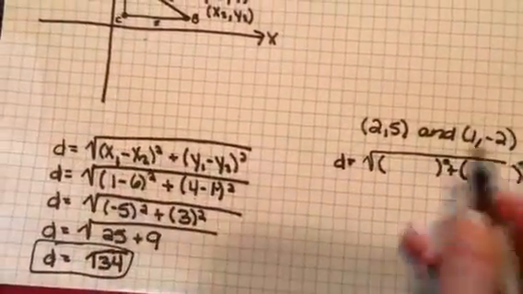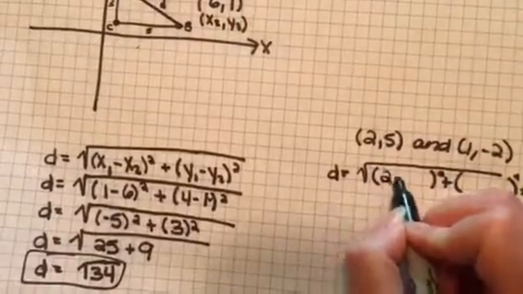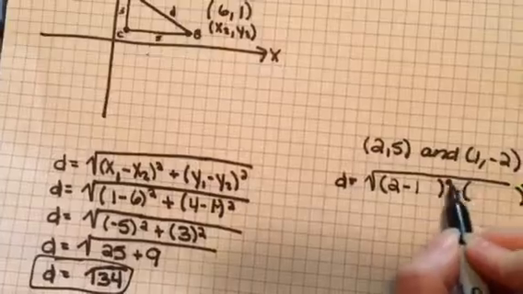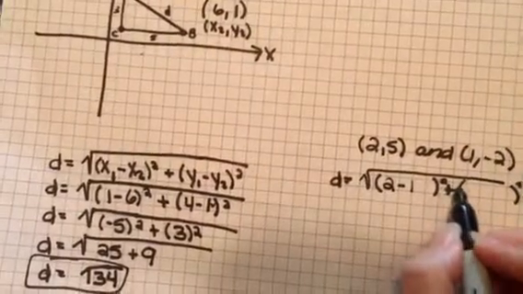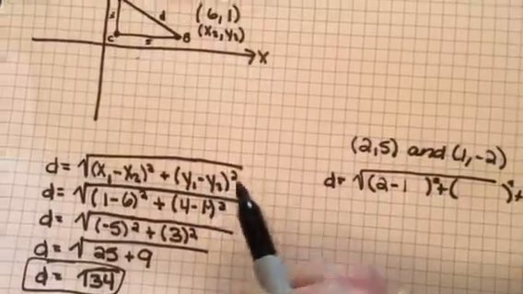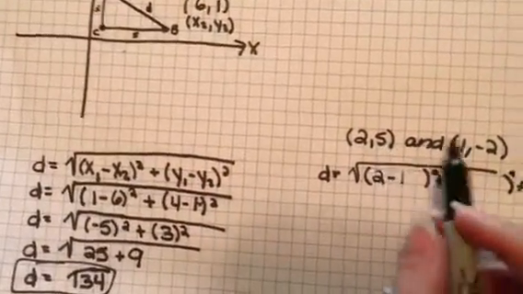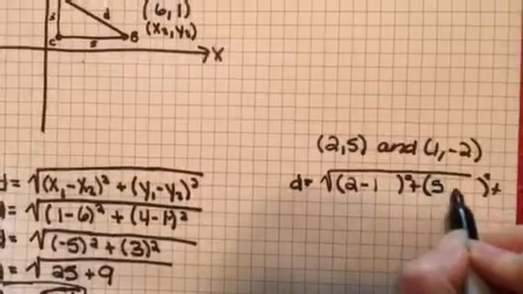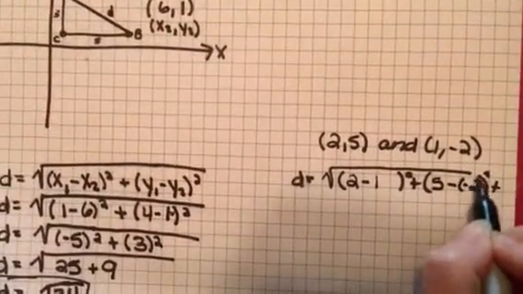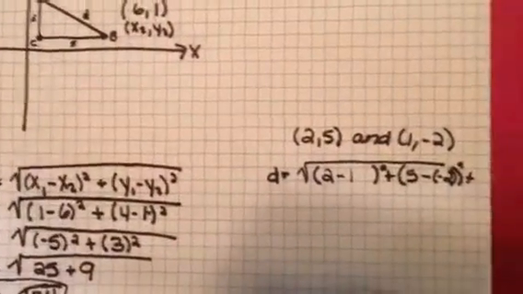So my first x value is 2, and my second x value is 1. So I'm just going to go 2 minus 1, and that's squared, plus I need my first y coordinate minus my second one squared. My first y coordinate is 5, and my second y coordinate is -2. So I'll do minus, and then put -2 in parentheses, and then I'm going to square my answer there.